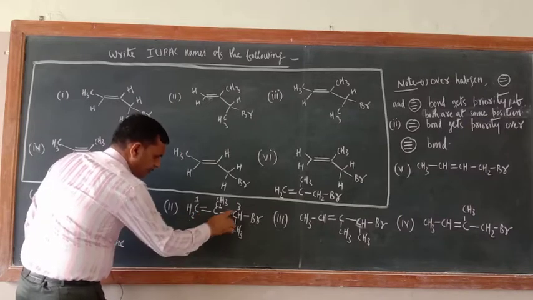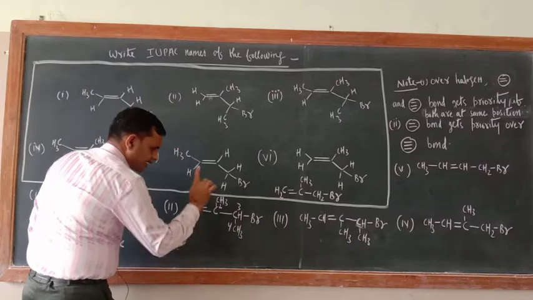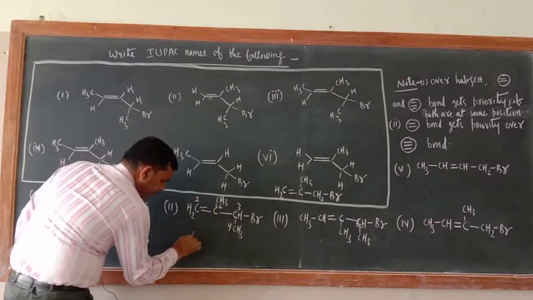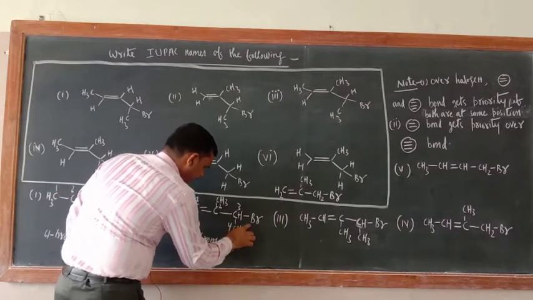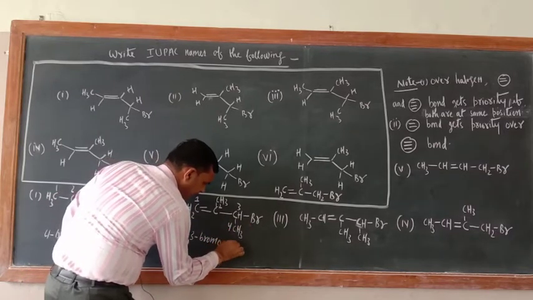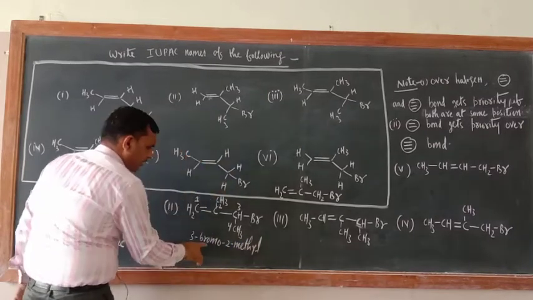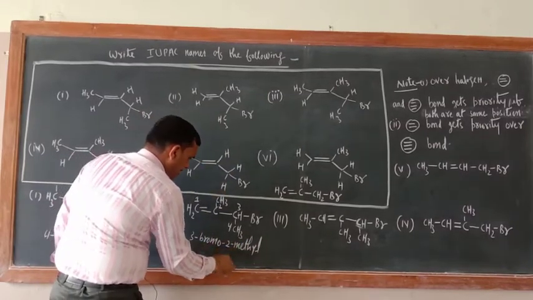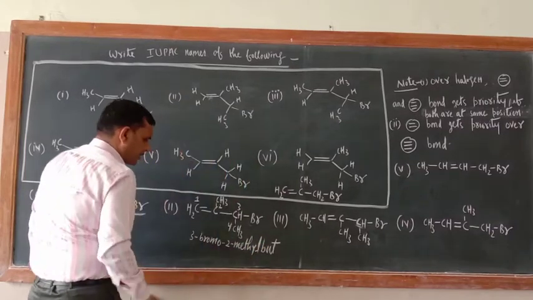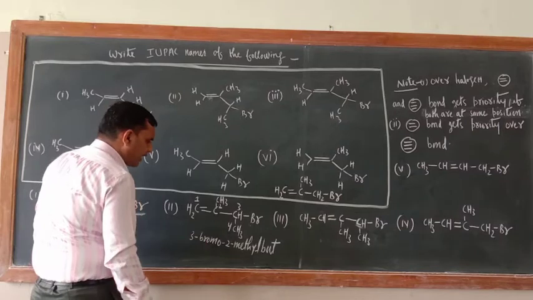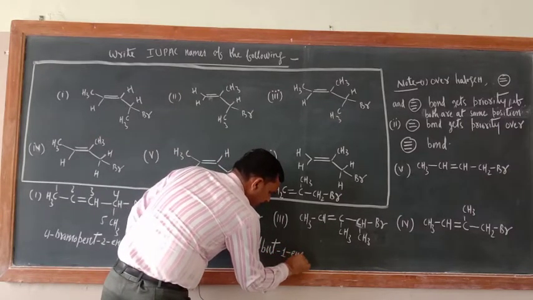At 2 number there is a CH3 group, at 3 number a Br group is there. So alphabetical order: 3 bromo, then 2 methyl, but, 3 bromo, 2 methyl, but 1 ene.